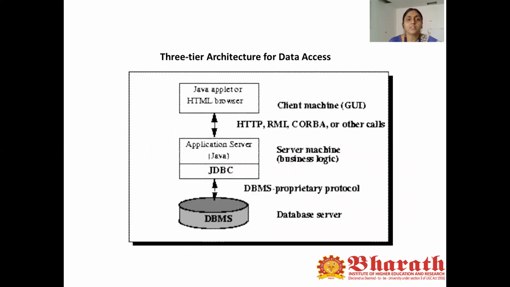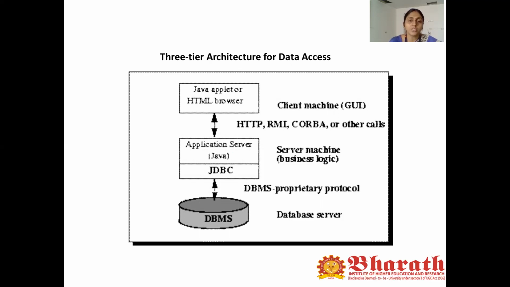And here is given the 3-tier architecture for data access. And here we have one extra tier, that is business logic. So here the database server can be a heterogeneous system, that is, multiple data sources can be present, and it connects through JDBC, Java Database Connectivity, with the application server, which is developed using the Java language.